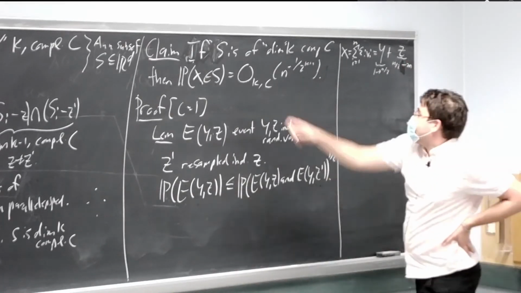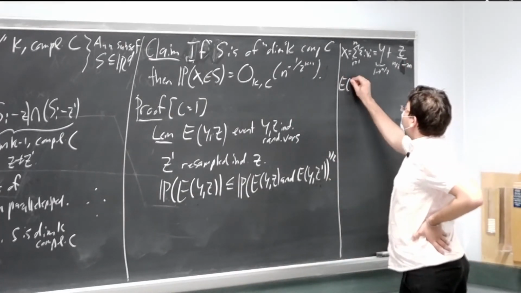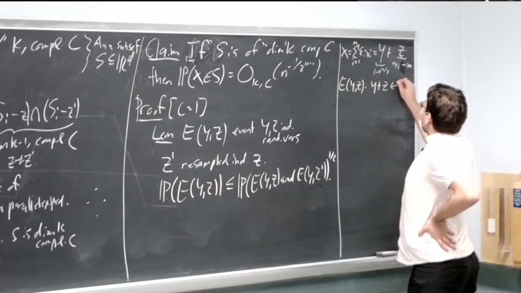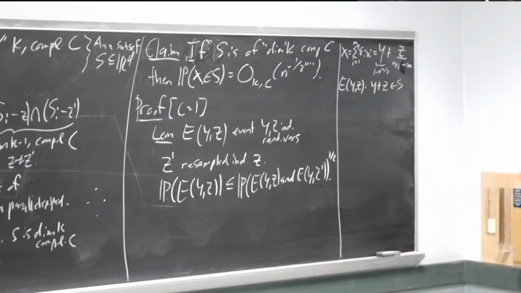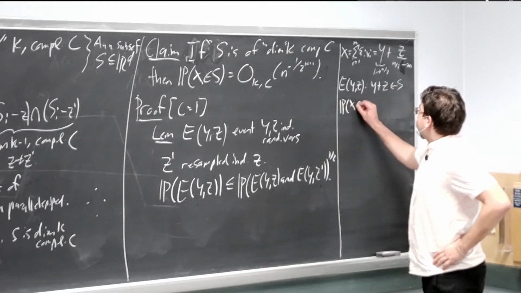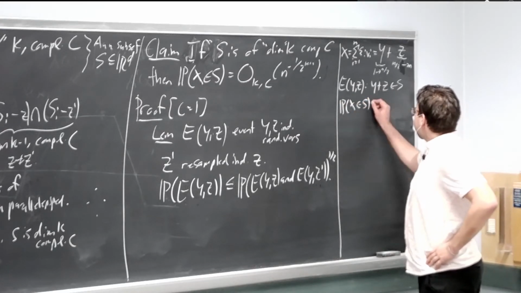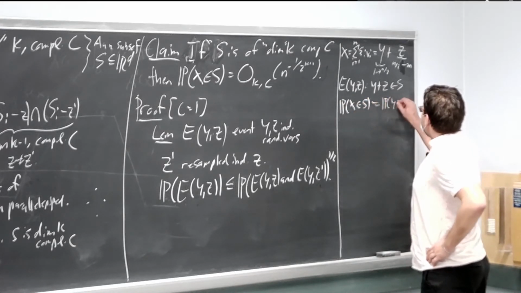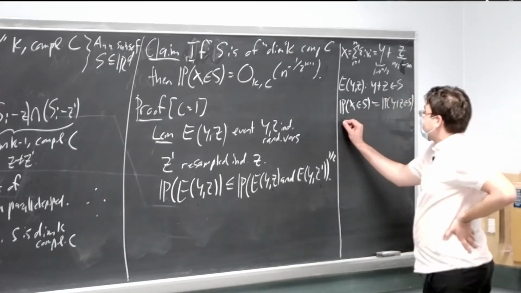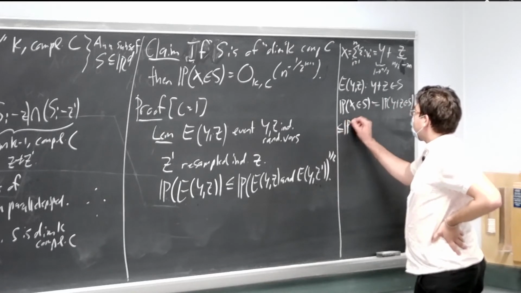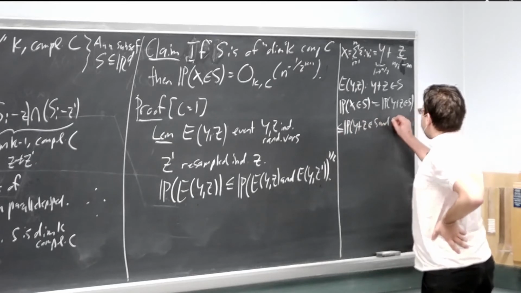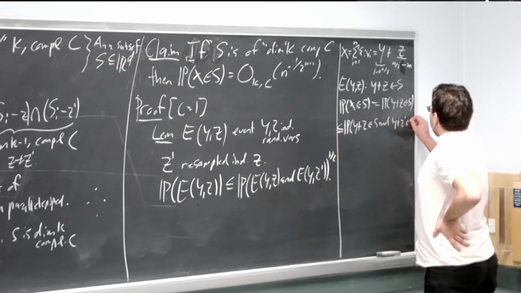Now the event that x lies in S can be written as an event depending on two independent things: y plus z lies in S. So the probability that x lies in S is equal to the probability that y plus z lies in S. Now I can apply this lemma: this is less than or equal to the probability that both y plus z and y plus z prime are in S.